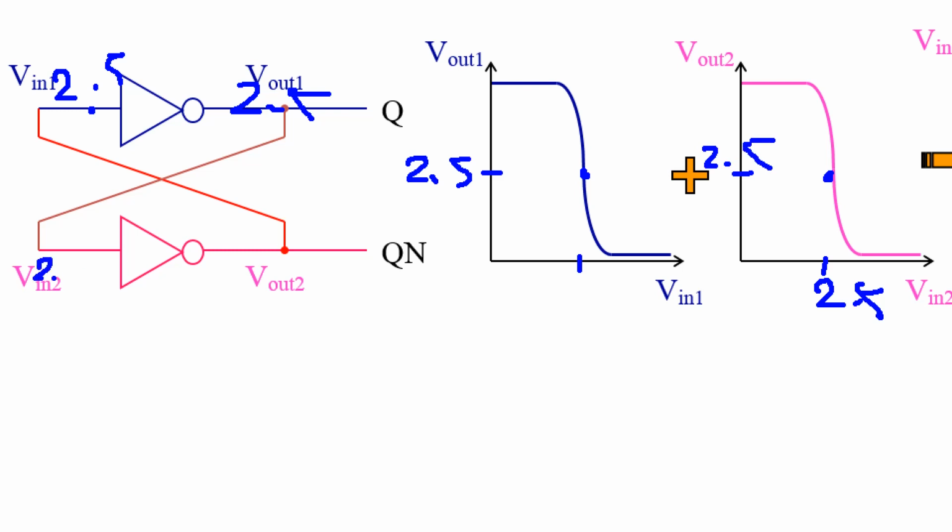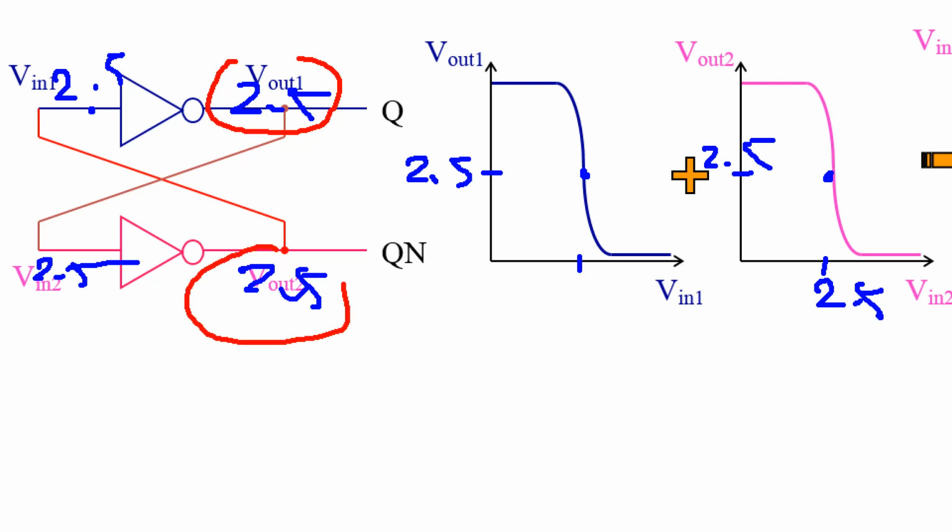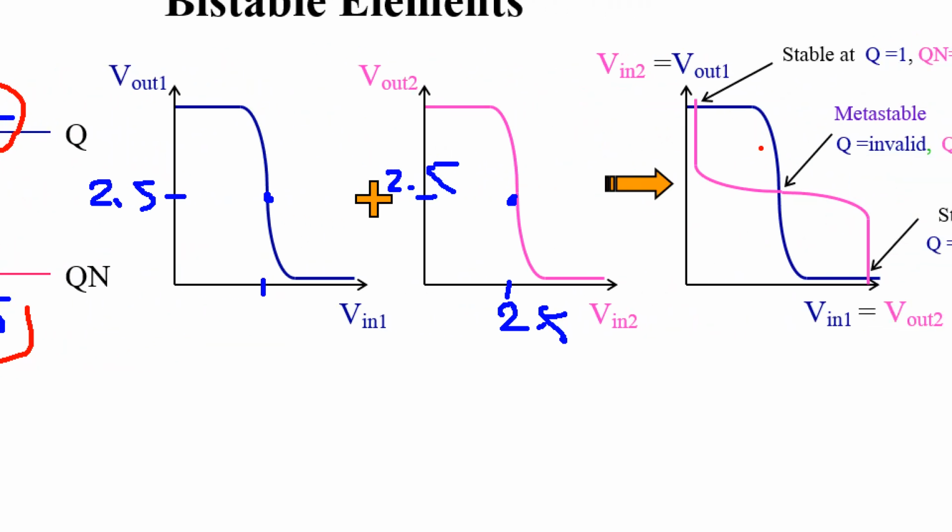So what happened? It's stable, right? It can be steady here, at 2.5, on this curve at this point.